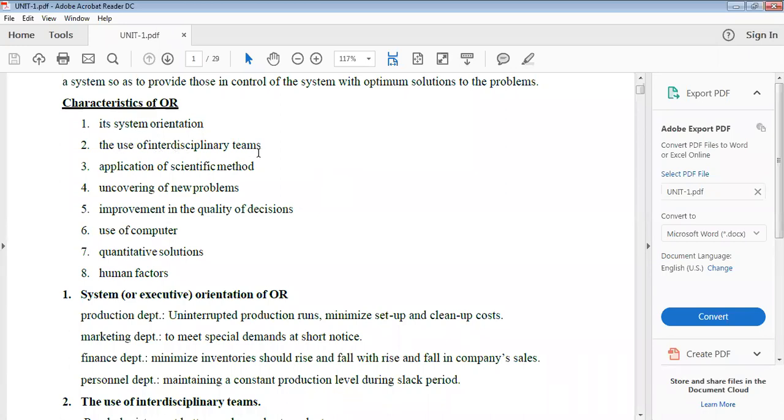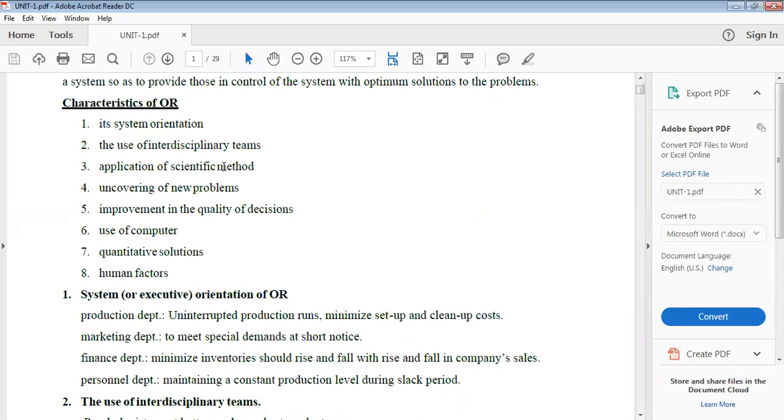CNC machining will be there. Therefore, interdisciplinary teams. For a CNC milling machine, you require a CNC expert. The programming, all those things are to be written carefully. That's why interdisciplinary teams. And application of the scientific method: there are so many scientific methods to evolve an optimum solution.